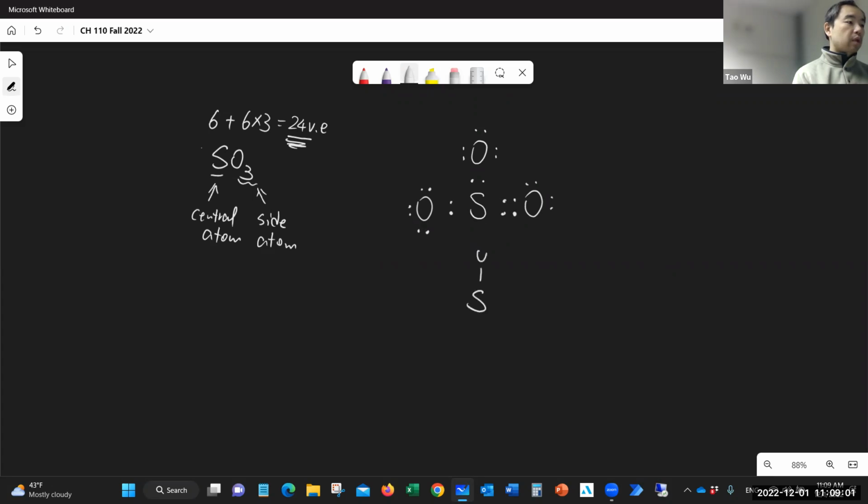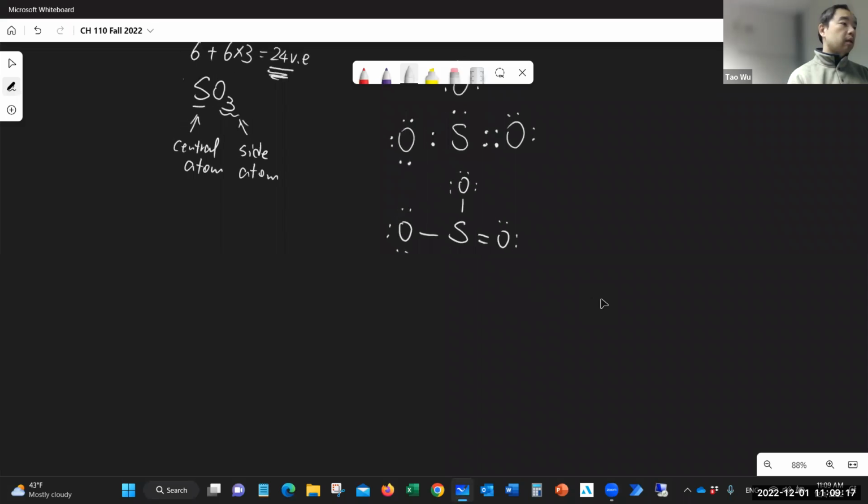So you will see the Lewis structure will be just like this. That is the Lewis structure for SO3. That makes sense, right? And also we talked about, okay, how about the ions, the polyatomic ions? Then let's make a very similar one.